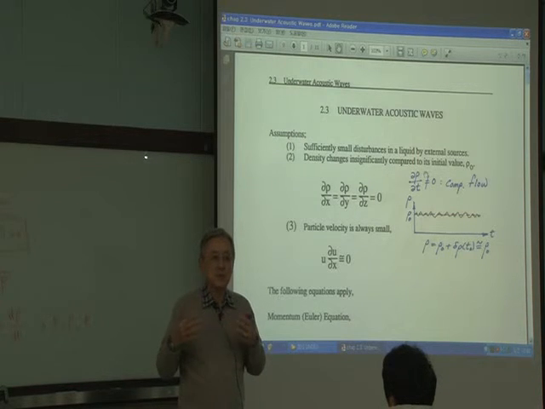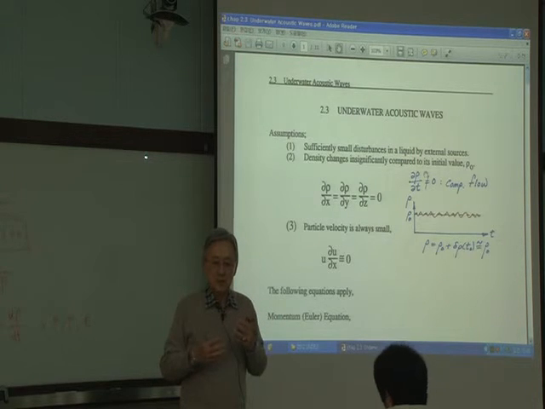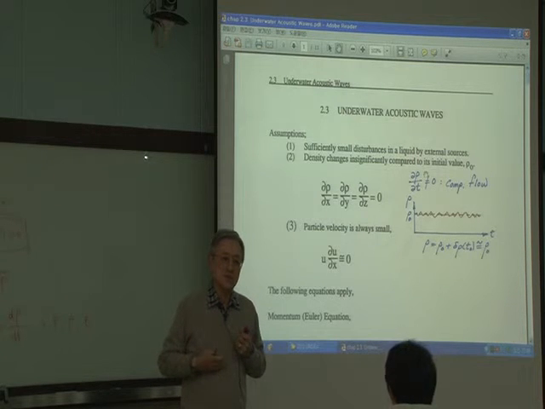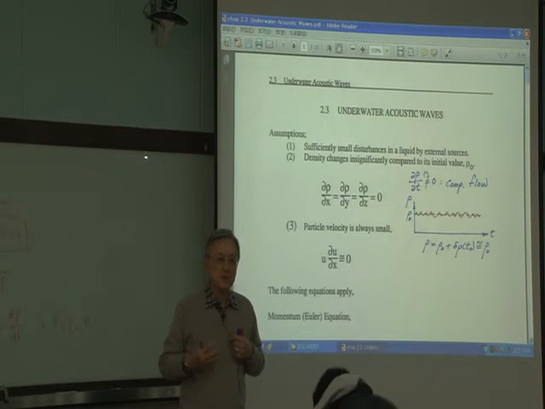So then, of course, I want to develop the wave equation. If it's a plane wave, it's going to be simple. If it's a spherical wave, then it's a little bit more work. And regardless, you have to solve that wave equation. Then you get the final solution set, which is a beautiful solution set that underwater shock people should know 100%.